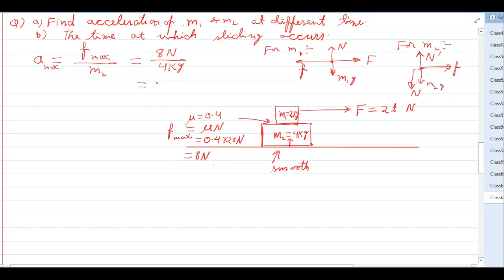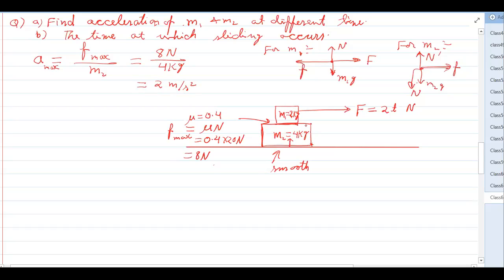So the maximum acceleration is 2 meters per second square. You cannot have more acceleration than this for the lower object, because it accelerates only due to friction, whose maximum value is 8 Newton.